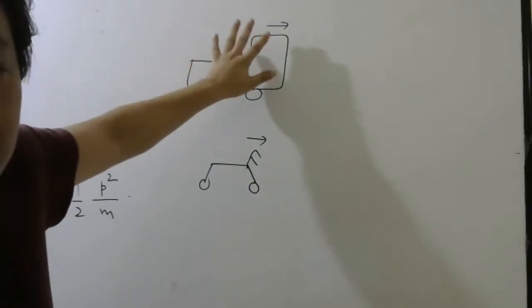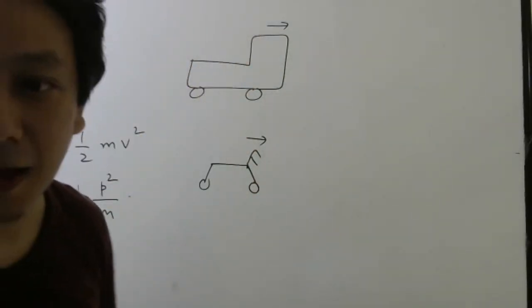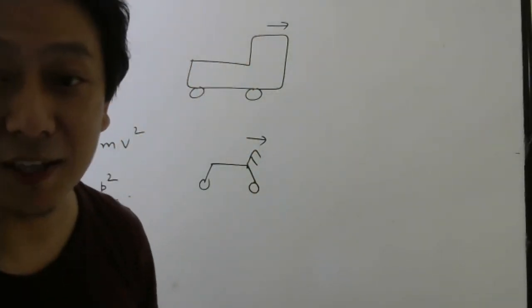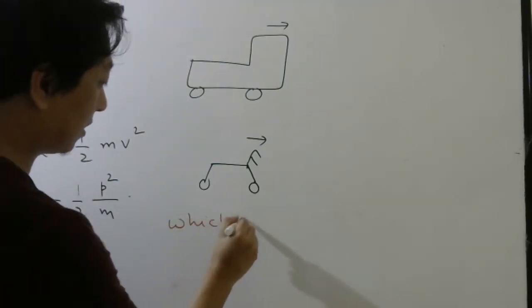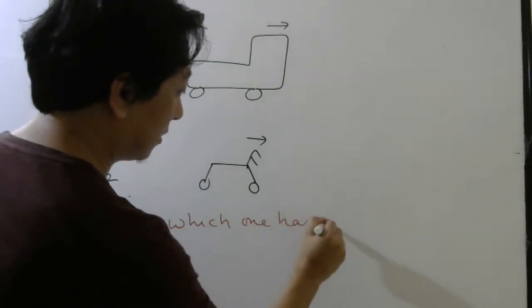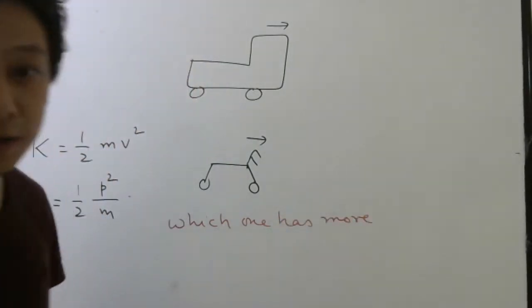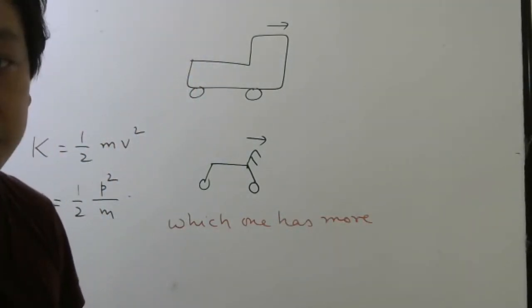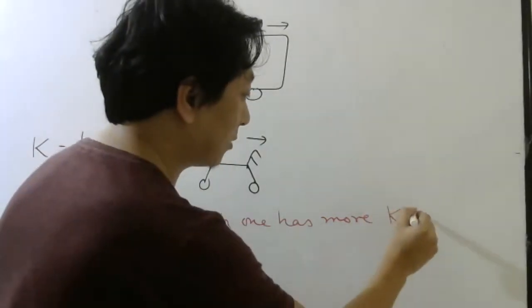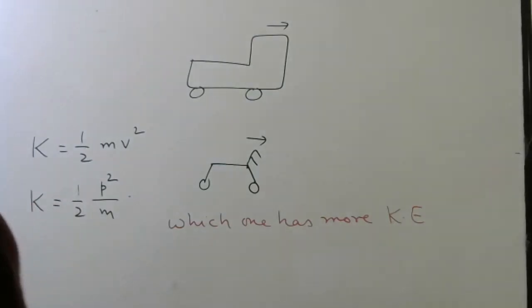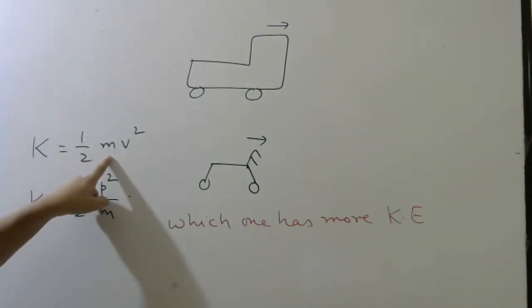Suppose I give you a truck and I give you a cycle. And suppose I ask, which one has more kinetic energy? Now look here, the problem. First formula you see.